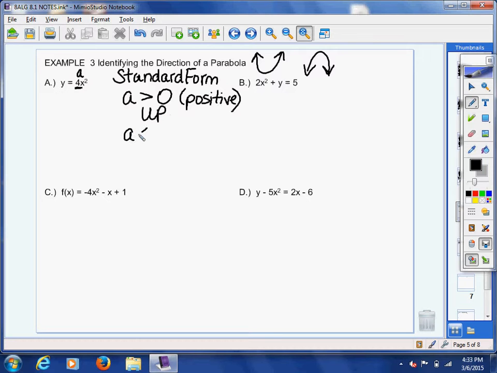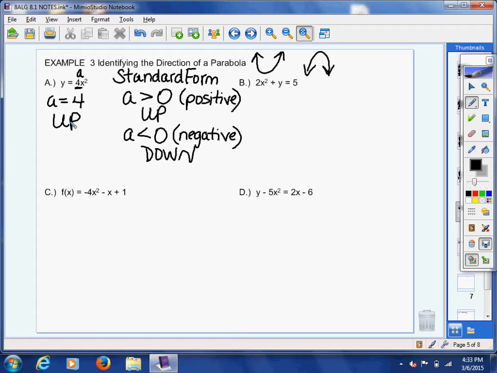If A is a number smaller than 0, which means it's a negative number, then your parabola is going to open down. Okay? All right, so let's take a look. A is 4. So what that tells me is the parabola is going to open up. 4 is a positive number. This parabola, if I were to graph it right this second, would open up.